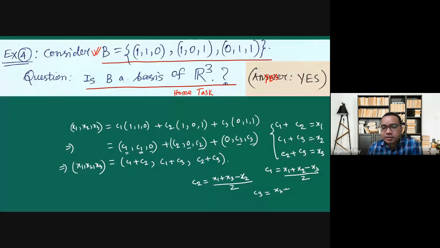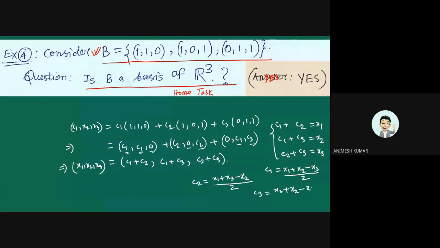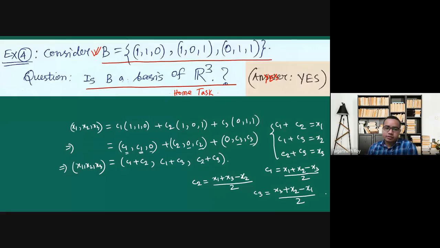Okay, so that would be those constants, the scalars, C1, C2, C3. So this is also a basis for R3.